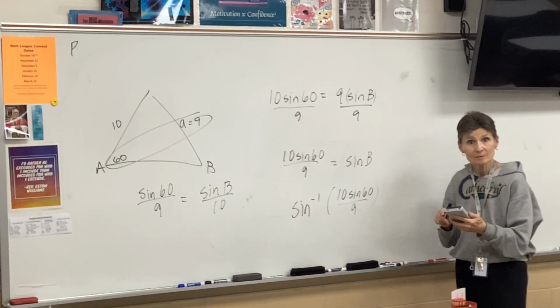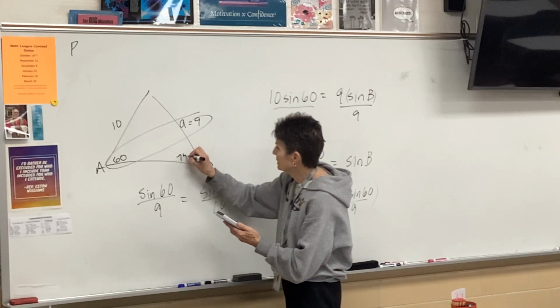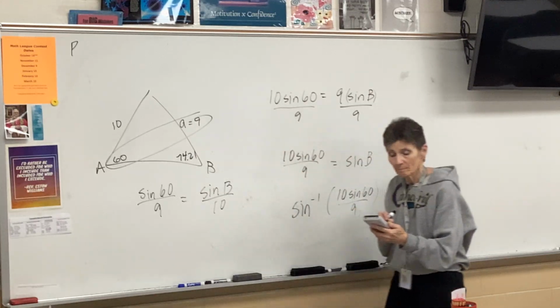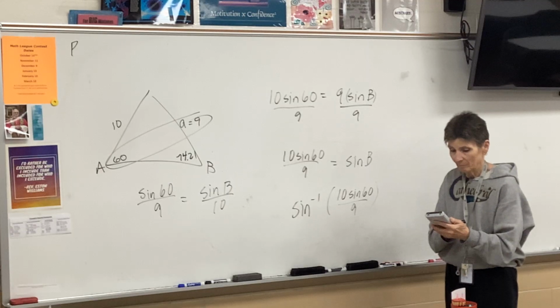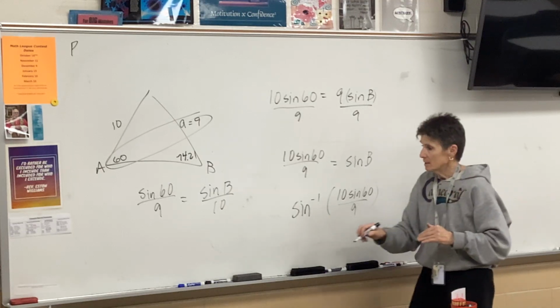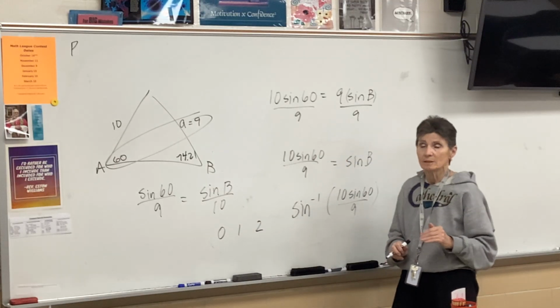Did you get an answer? I did too. I got angle B to be 74.21. Now remember guys, you're either going to have no triangles, one triangle, or two triangles.